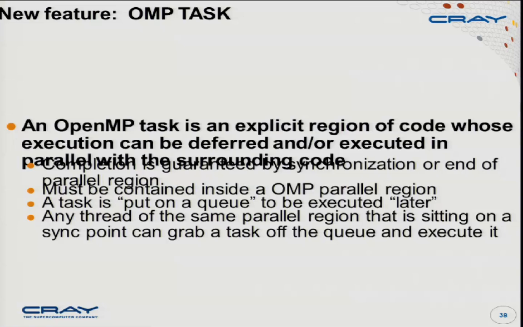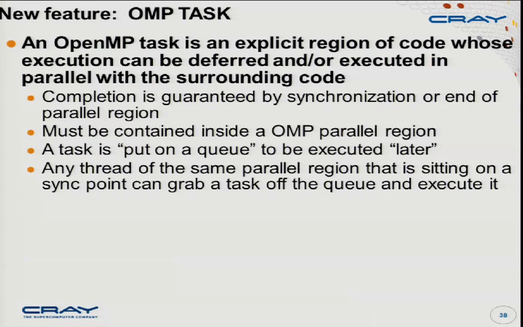Now we keep going. Okay, a new feature. New in that it's only been in the standard for like 5 years, which means that people are going to start using it soon. A task is an explicit region where you're saying that execution can be deferred and/or executed in parallel with the surrounding region that is in the same OpenMP parallel region.